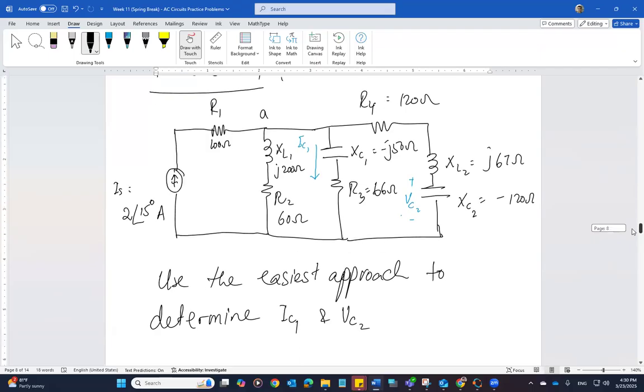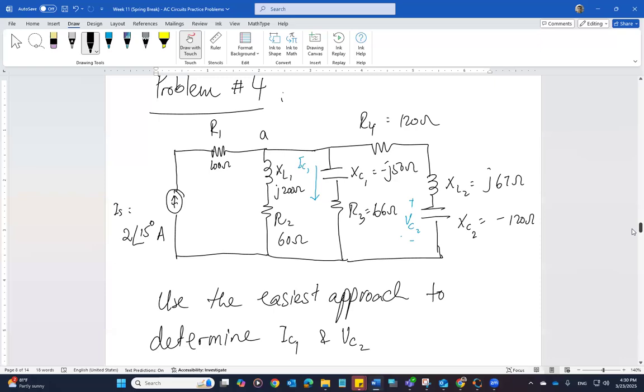Let's go ahead and apply the nodal analysis method, let's say.